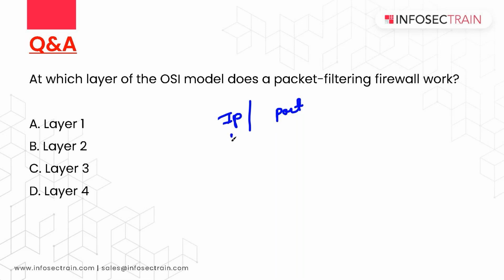It just checks the IP and the port number, and depending upon that, we define the rules. Since it just looks at the IP and the port number, it works on layer 3 of our OSI model, which is the network layer.